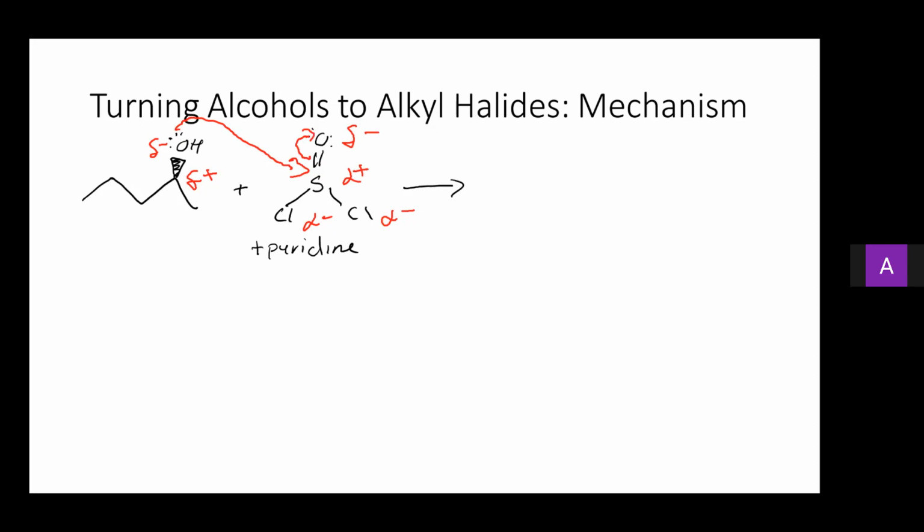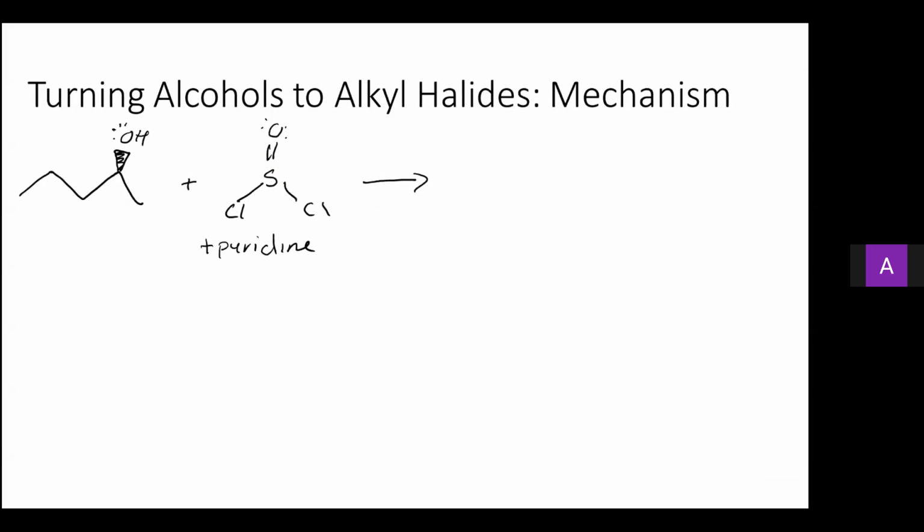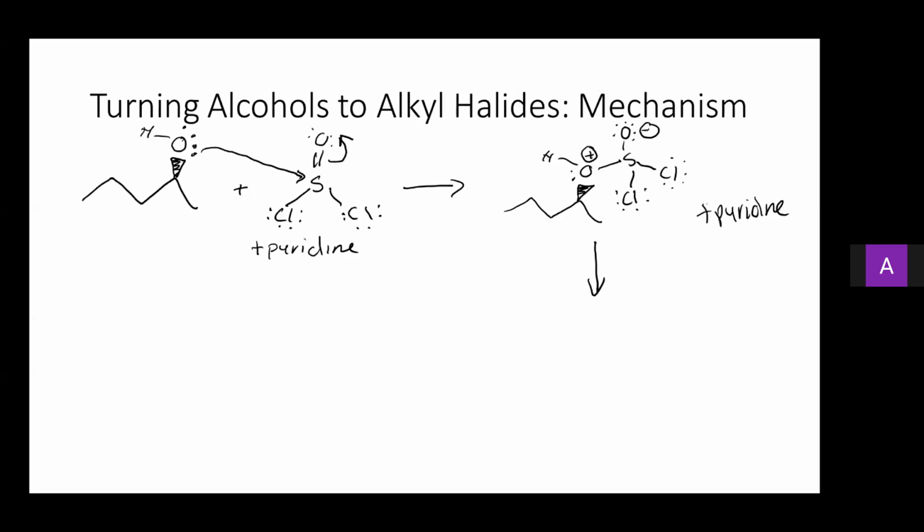Okay, so if we do that, then we avoid S disobeying the octet rule and still just have 4 things around it. So let me erase that and show you guys what is formed. Okay, so we can see one of the pairs right here in the O attacks the S. These electrons in the double bond will go to the O, forming this O minus right here.